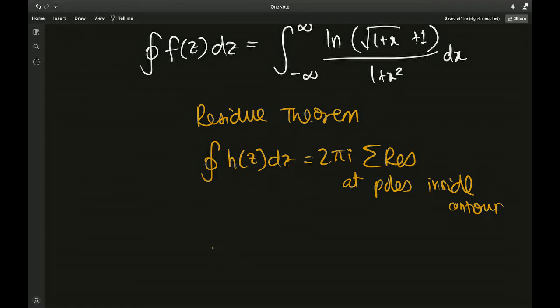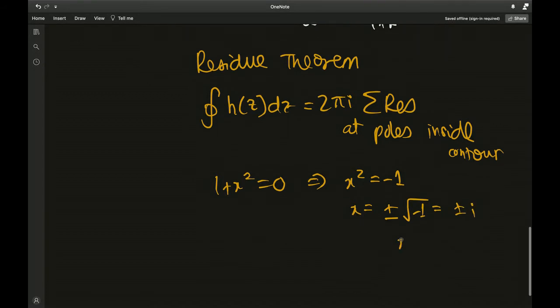In our case, 1 plus x squared equals 0. We have x squared equals negative 1. So x is plus or minus the square root of negative 1, which is plus or minus i. So the two possibilities are x is either i or negative i. And we have to choose the pole that's only inside the contour.